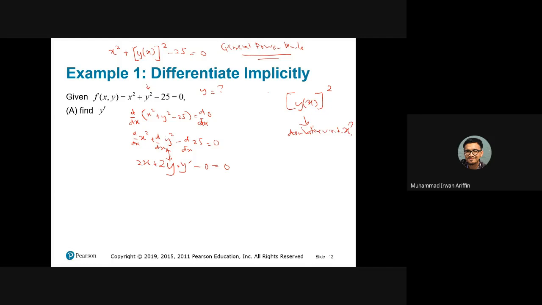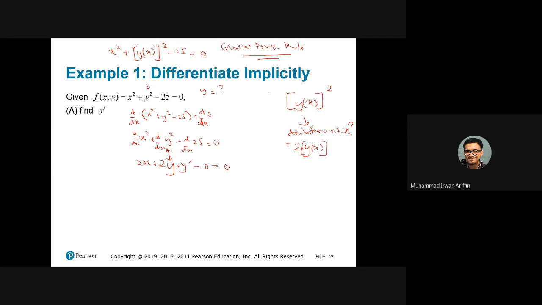We know x is inside here, but this whole function is to the power of 2. So first of all, the derivative will be, we apply the power rule with respect to y itself. So we bring the power 2 to multiply with y, and this is y of x, the function of x.